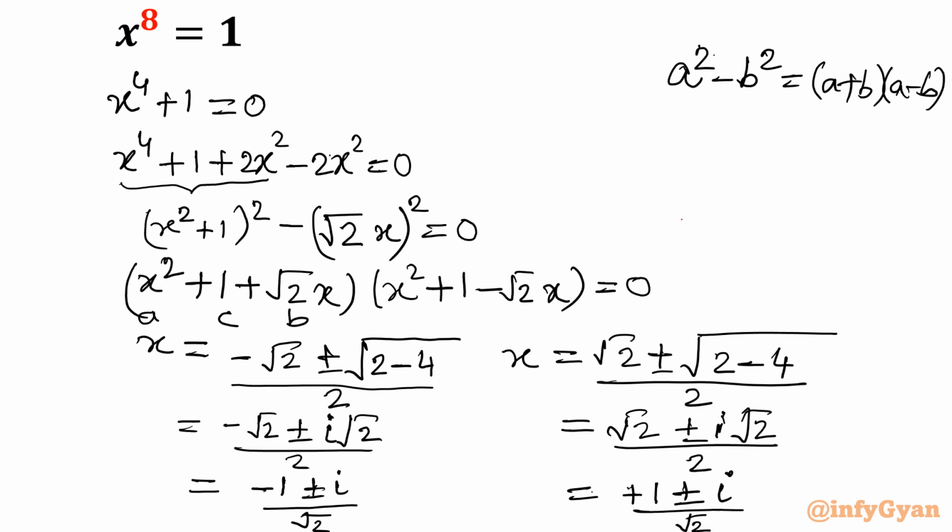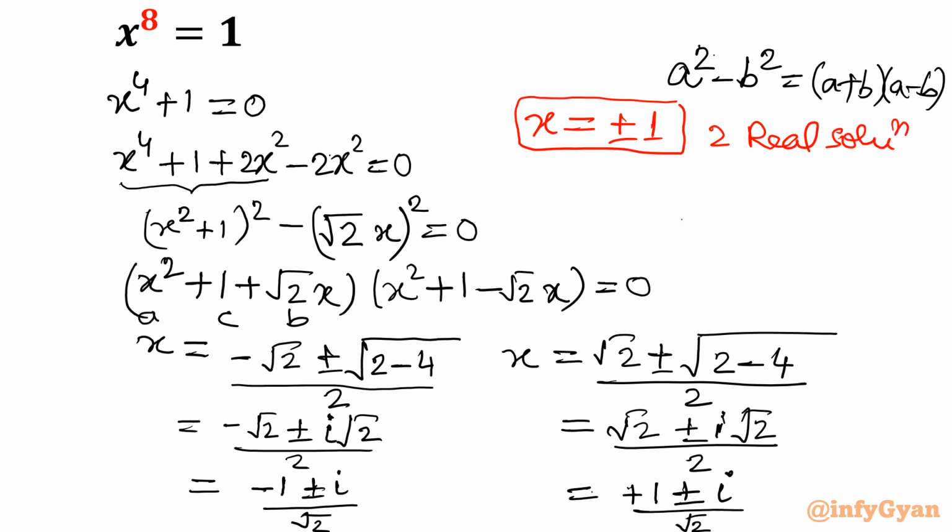So these are our eight solutions or roots. Let me write them finally. On the previous page, we had calculated x is equal to plus minus 1, real roots. Let me write two real solutions. Then we calculated x is equal to plus minus iota, on the perpendicular axis of the polar plot, so imaginary, and here we have 4.